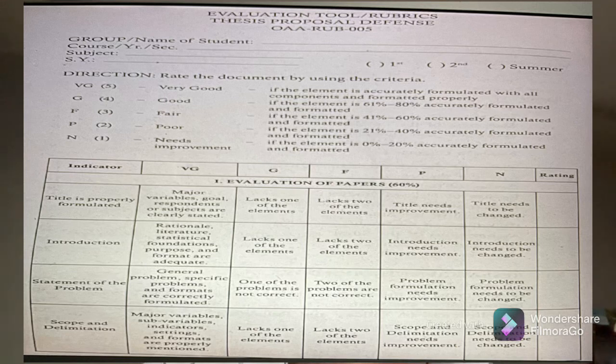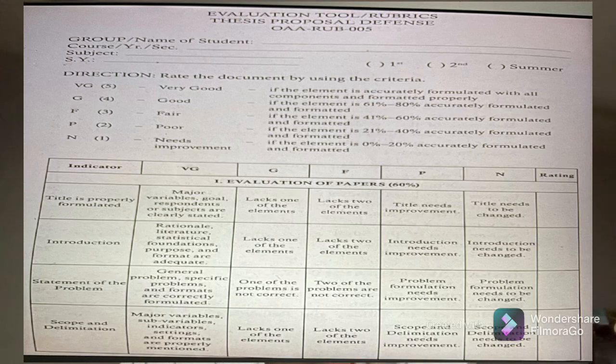It is very good when the title, major variables, goals, respondents or subjects are clearly stated, because these are the 3 major elements of the title. If these 3 are included, you can have very good. But if it lacks 1 of the elements, lacks 2 of the elements, the title needs improvement, the title needs to be changed.